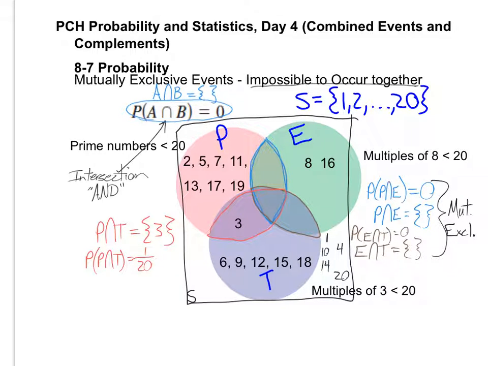Okay? So now everything is accounted for, and that Venn diagram is complete. These numbers are in the sample space, but they're not in any of those three sets.